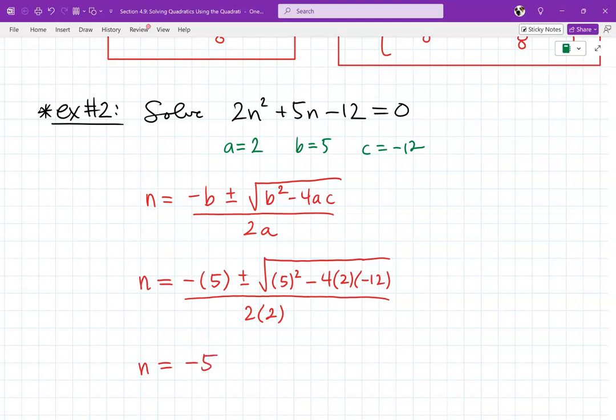So that becomes negative 5 plus or minus the square root of 5 squared is 25. And then negative 4 times 2 is negative 8. And negative 8 times a negative 12 is a positive 96 over 4.